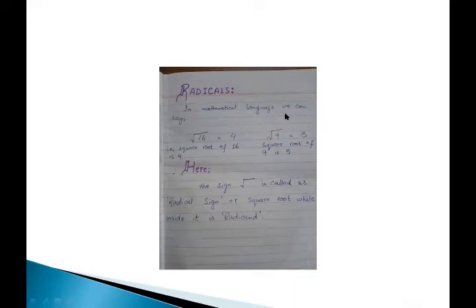In mathematical language, the square root of 16 is 4, and the square root of 9 is 3. The sign written here as a square root is called the radical sign. This sign used to denote the square root is called the radical, and the number written inside, like 16, is called the radicand.